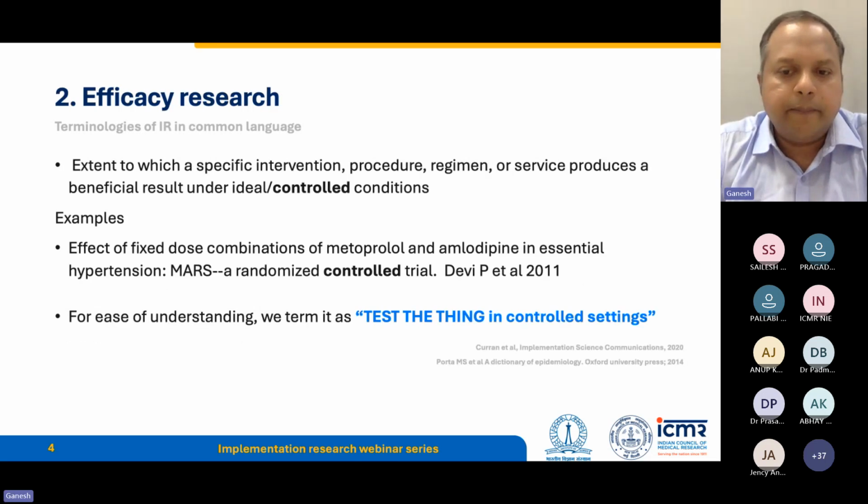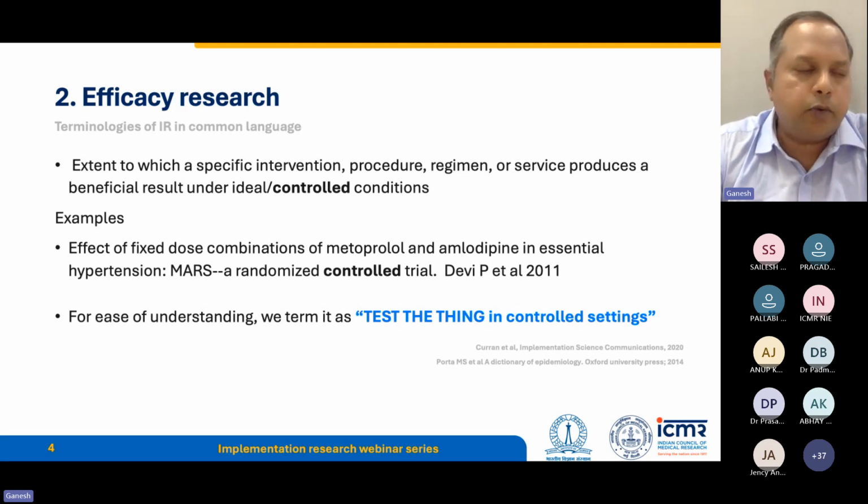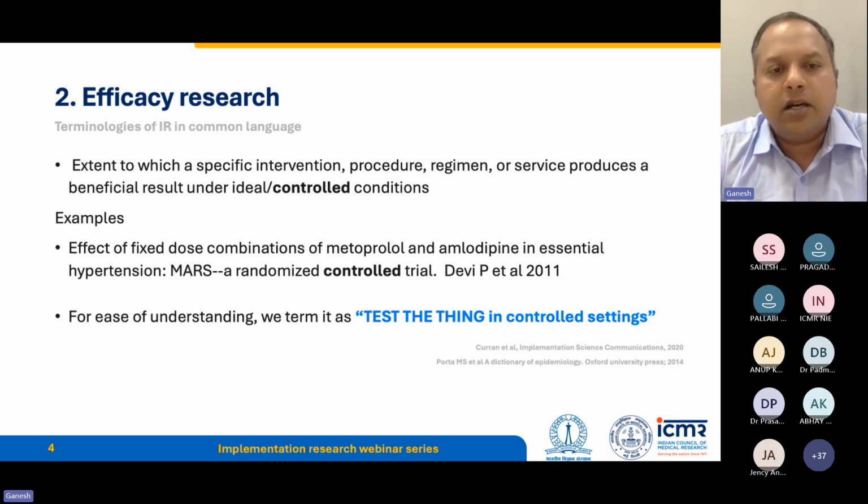Efficacy research. Efficacy research is the extent to which a specific intervention, procedure, regimen, or service produces a beneficial result under ideal or controlled conditions. So ideally, if everything goes well, those are the ideal conditions. Specifically, this happens in a research setting.